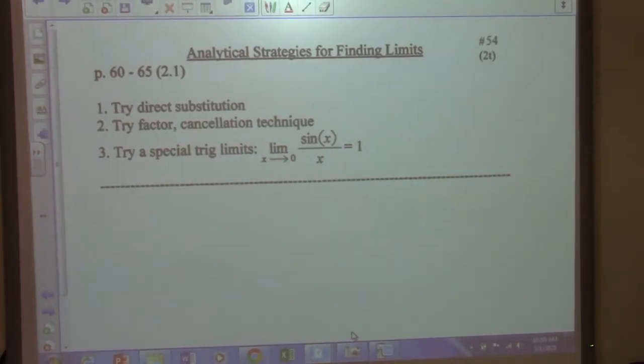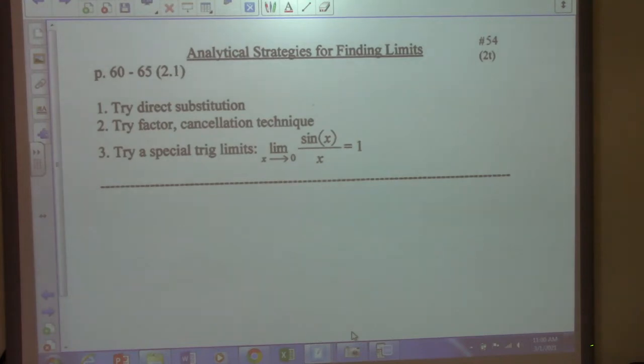Okay, ladies and gentlemen, we have Note Card 54, Analytical Strategies for Finding Limits. This is a recycling of an earlier note card that covered the same thing, but without the trig limits. We were already introduced to the technique of trying direct substitution, and of trying to factor and cancel.